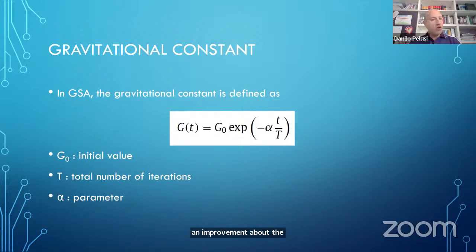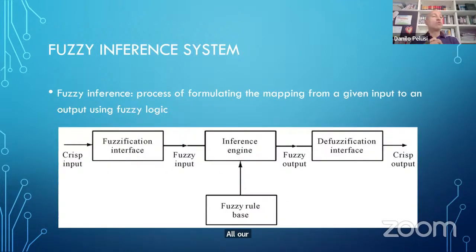performance of our algorithm. Well, the idea is to design a fuzzy inference system which has the capability to tune our parameter alpha, and this is a scheme of a general fuzzy inference system. There is the fuzzification interface, where the crisp input is changed into the fuzzy input.